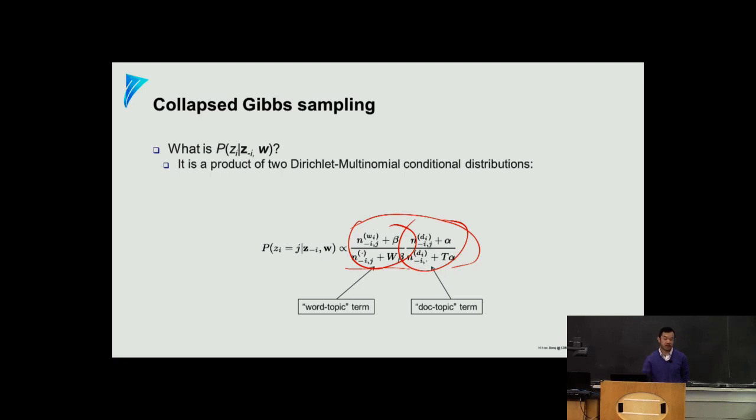That gives you the topic-specific word frequency, which can be counted if you know the z, based on the previous samples. And this one is the so-called document topic terms, which gives you the counts of how many documents belong to a particular topic, which again can be calculated using the z, because once you have the z in the indicator function, you can also estimate the topic counts.